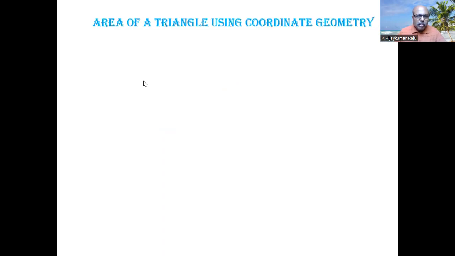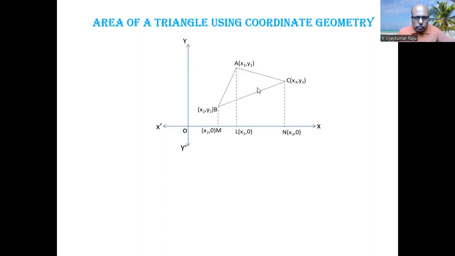Okay. Now let us see how to do it. Area of a triangle using coordinate geometry. Now this is your figure. We have to find the lengths of AL, BM and CN.